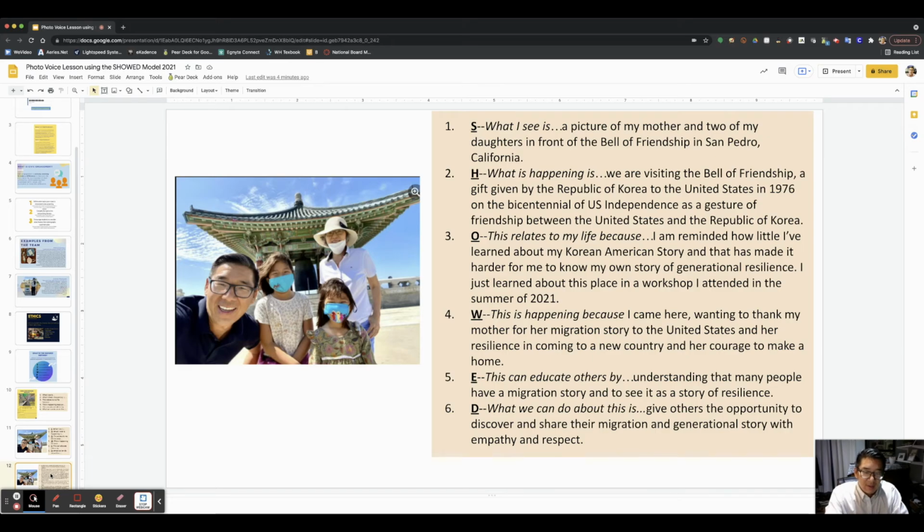E. This can educate others by understanding that many people have a migration story and to see it as a story of resilience. D. What can we do about this? Is give others the opportunity to discover and share their migration and generational story with empathy and respect.